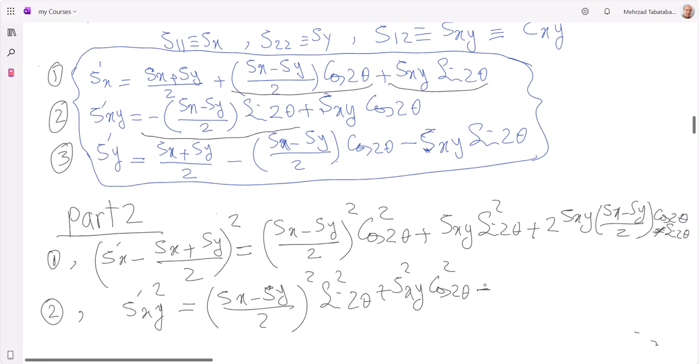And there is a minus, because there's a minus 2 times sxy times (sx minus sy divided by 2) cosine 2 theta sine 2 theta.